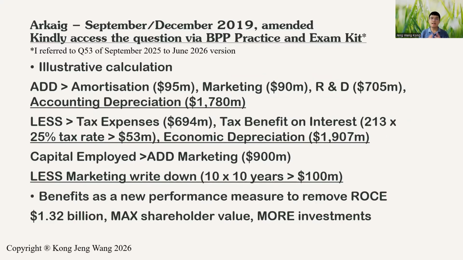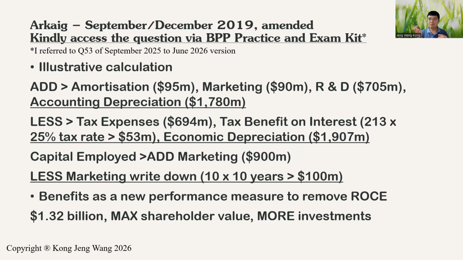This example is from the December 2019 amended exam, Arkaig. This company's question you can access from the BPP Practice Assessment Kit, which is available online. You can buy it from the BPP Media website.